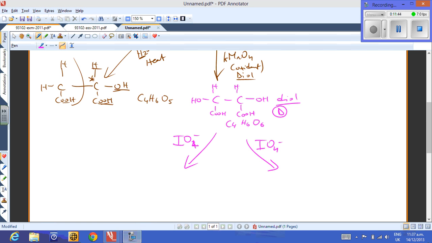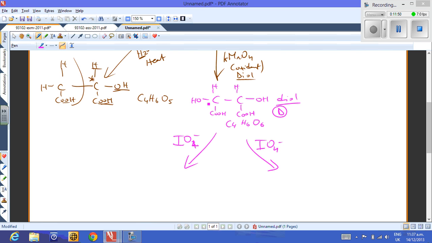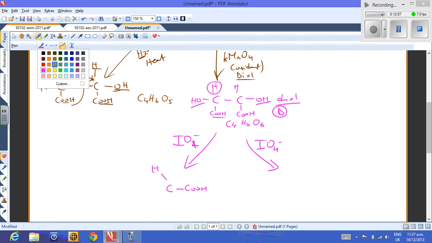Okay, so what we get here is further oxidation of the OH groups to form aldehydes. So we have our carbon still bonded to the carboxylic acid group. We have one hydrogen, which was from here, and then this OH group is further oxidized by the periodate to form the carbonyl carbon double bonded to oxygen.